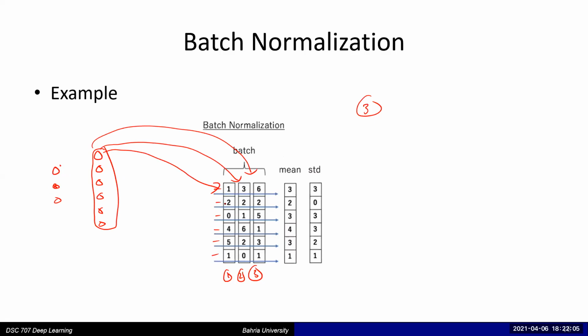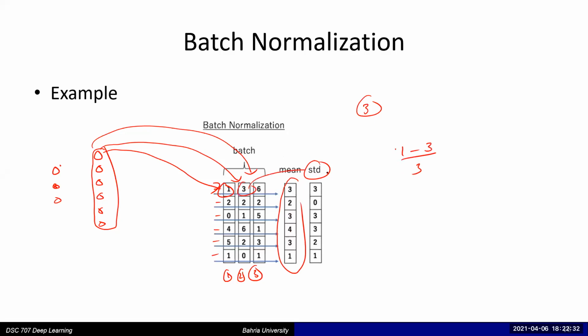So what we do is that rather than feeding them to the next layer, we can first compute the mean. You just add all values together, divide by 3, so you get this mean vector, and you also compute the STD. And once you have mean and STD, then from every training example, for example if I take the first row, you can do 1 minus 3 divided by 3, right?